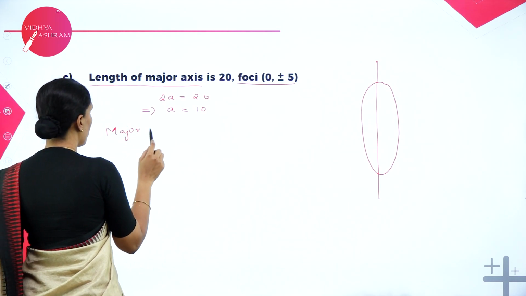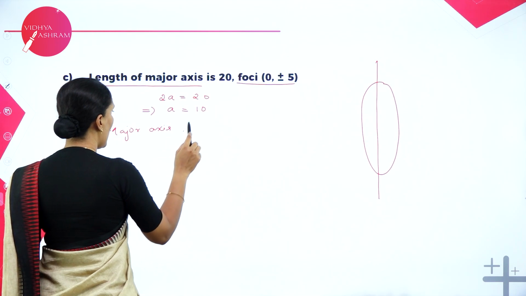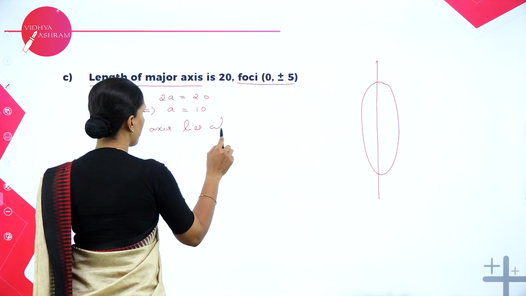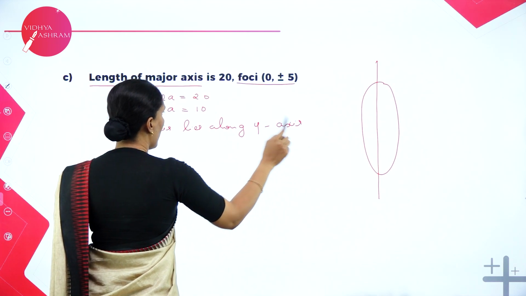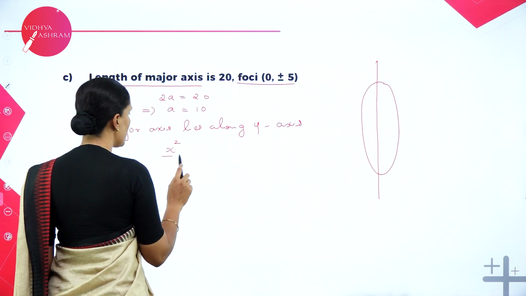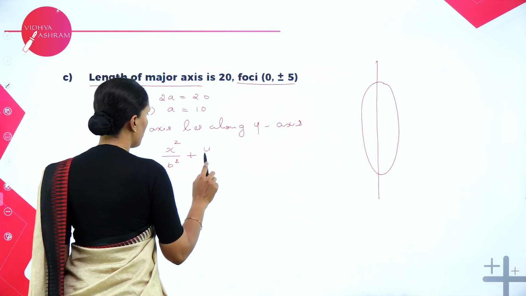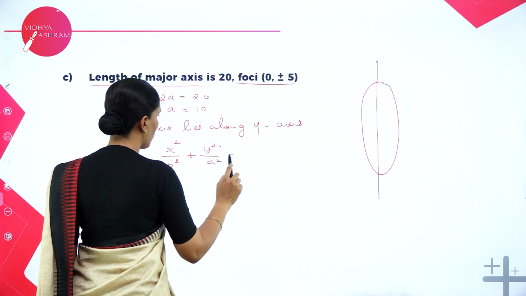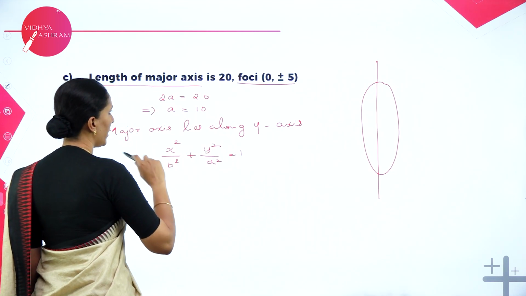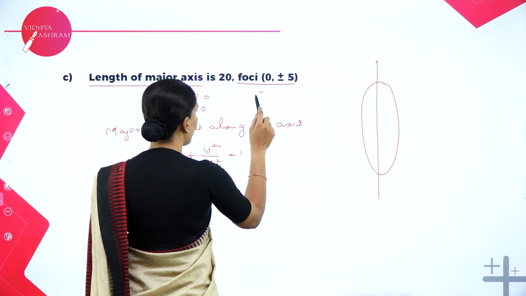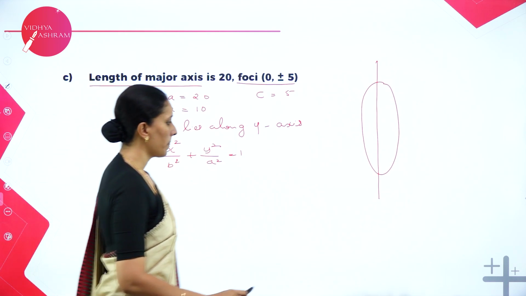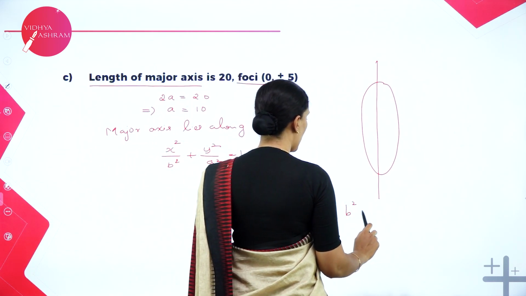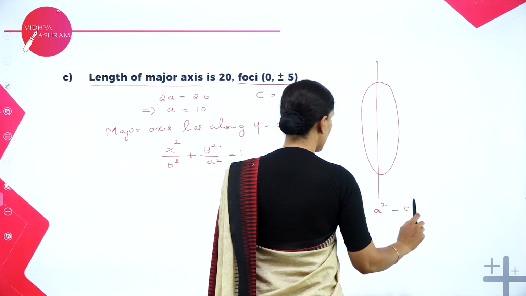So the major axis lies along the y-axis. Therefore, the standard equation becomes x square by b square plus y square by a square is equal to 1. Now we have the value of a. So when foci is given, we have c, which is 5. Now to find b square, this can be written as a square minus c square.